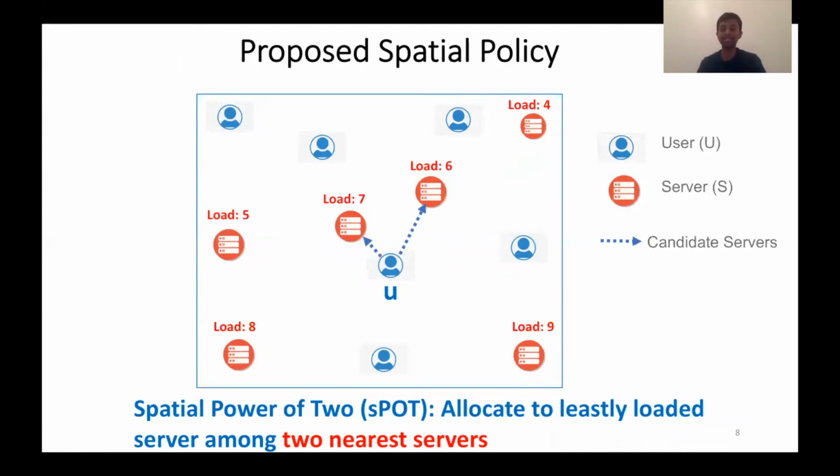So now your candidate set of servers is drastically reduced to 2, which is nothing but the two closest servers to user U. There's no sampling involved here. The candidate servers are these two, and then you get allocated to the one which has the least load. So here, for example, U gets allocated to the server which has the load value 6, which is the least one. This is what we define as the spatial power of two choice policy.